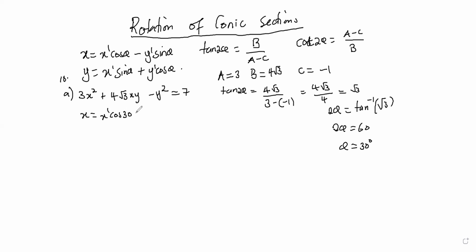So when we go to our x, we have x now equal to x prime cos 30 minus y prime sin 30, which is what? What is cos 30? And sin 30?